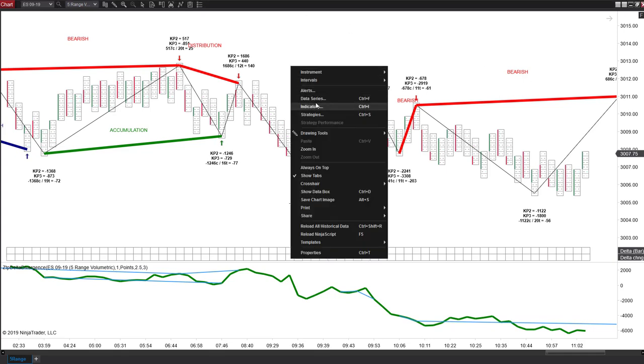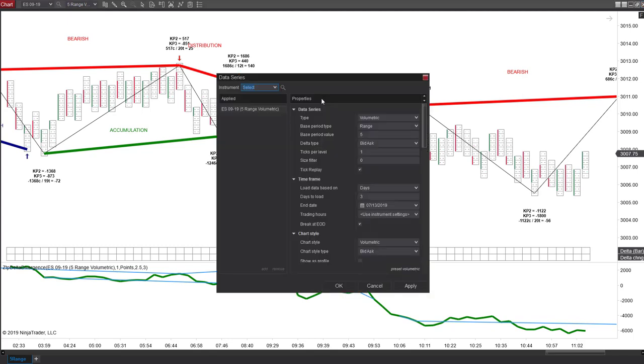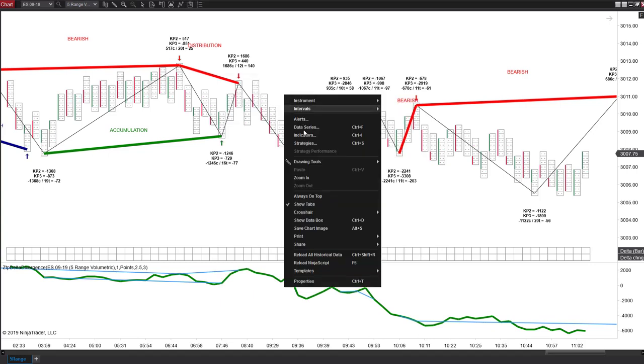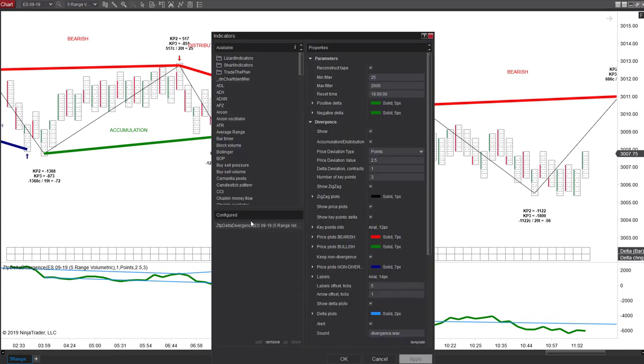So the settings I'm going to be using on the data series here is just a 5-range chart, and make sure that the tick replay is engaged. And then the only indicator on the chart is the delta divergence.